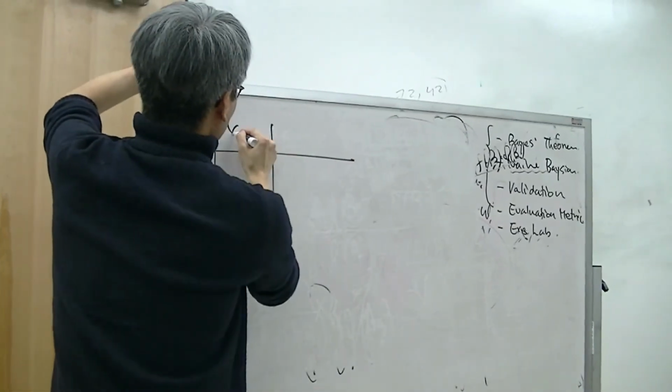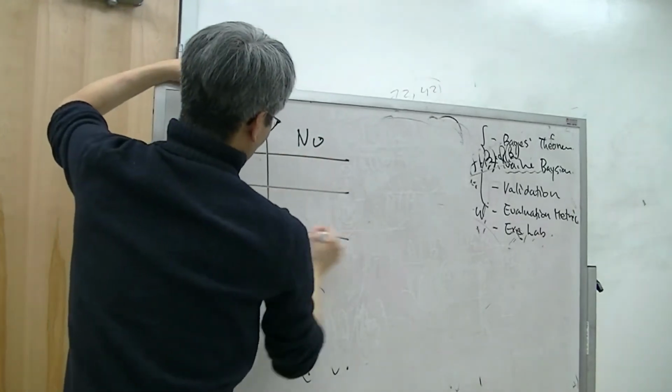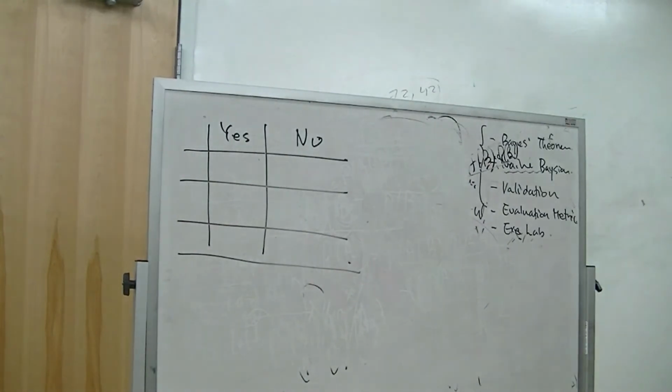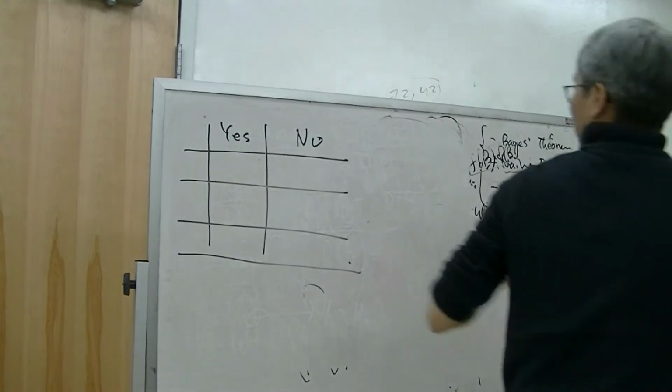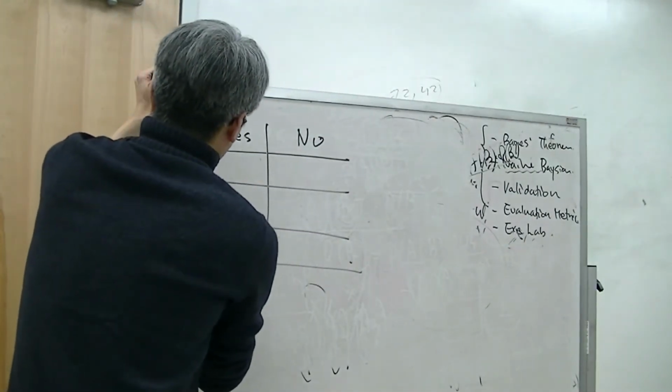So play yes, not play, and the 3 outlook cases: sunny, overcast, and rain.